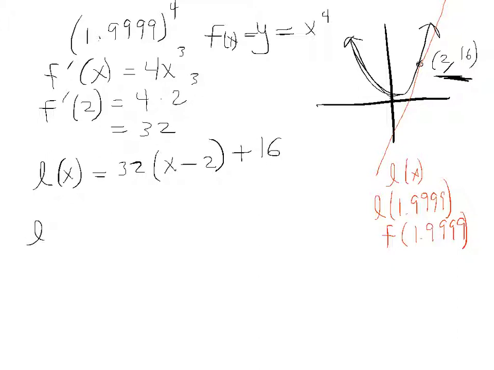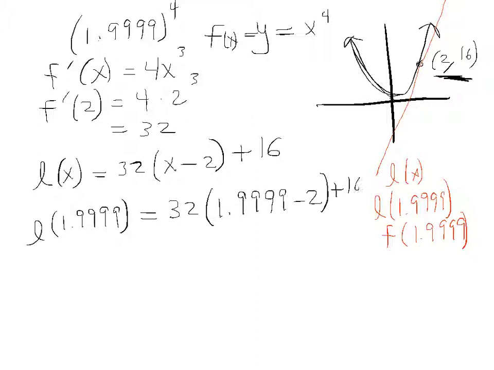So L of 1.9999 will be very close to f of 1.9999. So we're going to put that in: 1.9999 minus 2, and then we're going to add 16. This is an easy calculation. I don't even need a calculator.